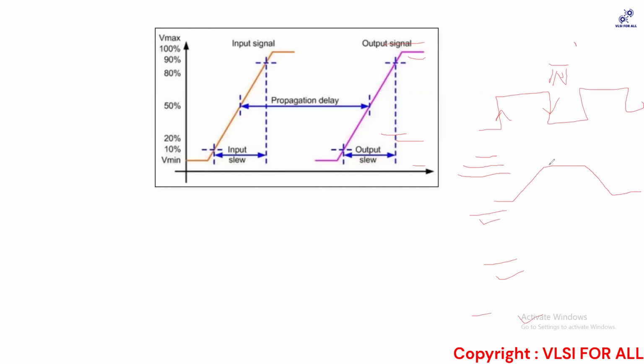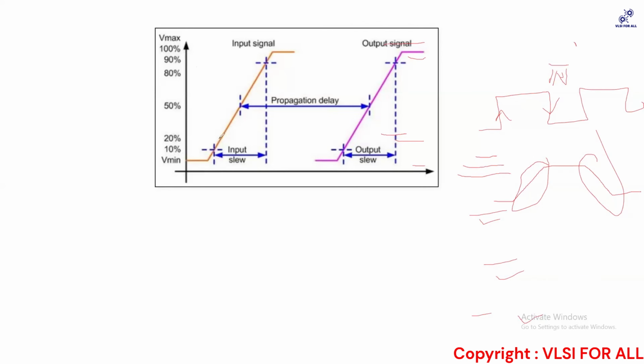This is your rising edge, this is your falling edge. Now, how does the tool do its input transition calculation? If my signal is propagating in this format, every industry standard has a different way. Let me say the input slew is the time taken by my cell to reach its output from 10% to 90%.